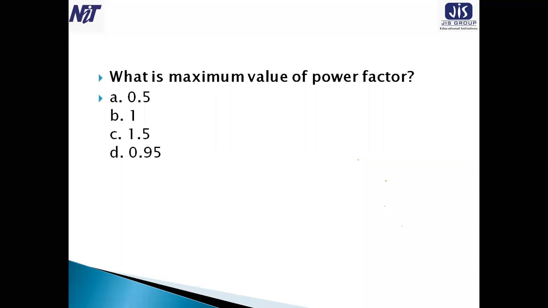What is power factor? The power factor is cos phi. So what is the maximum value of cos phi? The maximum value of cos theta is 1, because when cos 0 it is 1, when cos 90 it is 0.